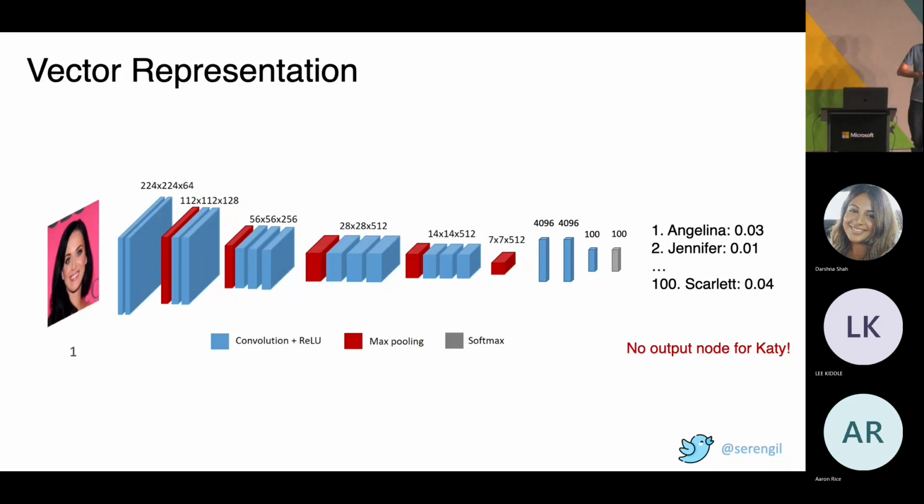But our training was done before, and when we feed this input image for Katy Perry, our network is going to produce an output. For example, 0.03 for Angelina Jolie. It's a probability. And we are going to use those probabilities, output layer probabilities, for this given image.